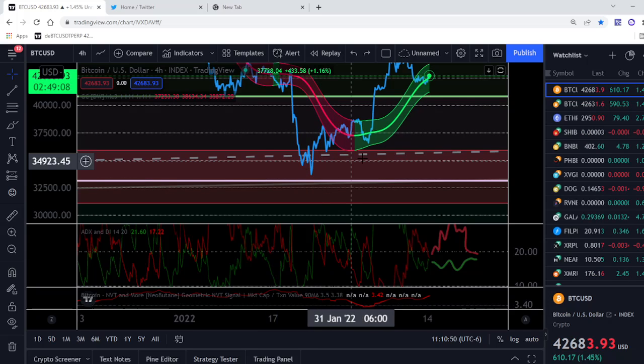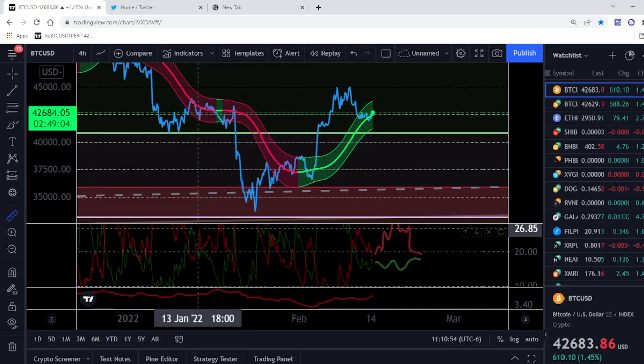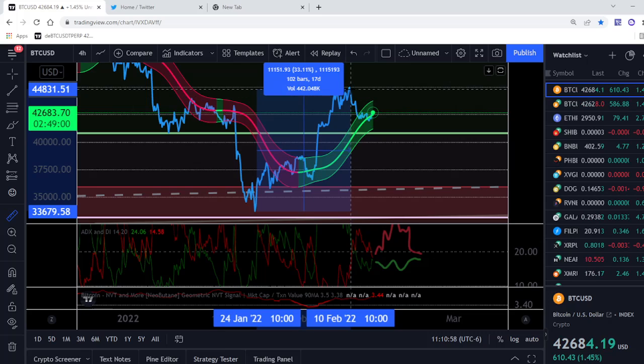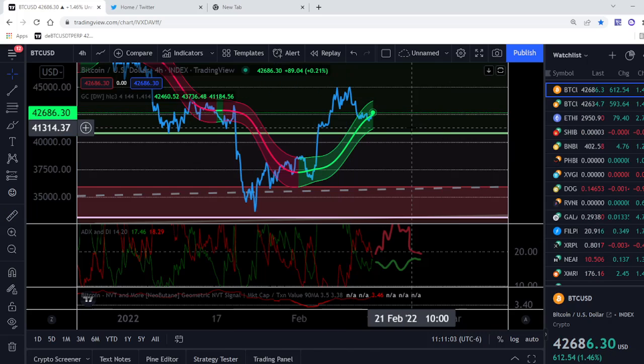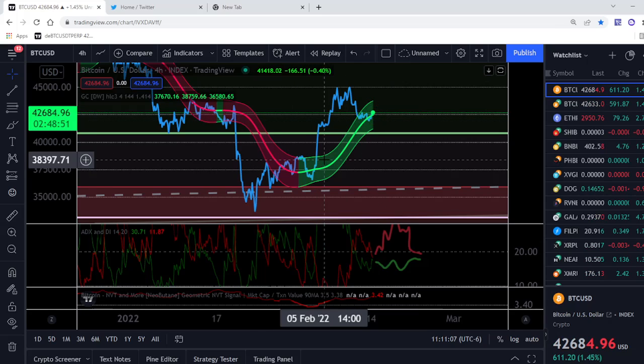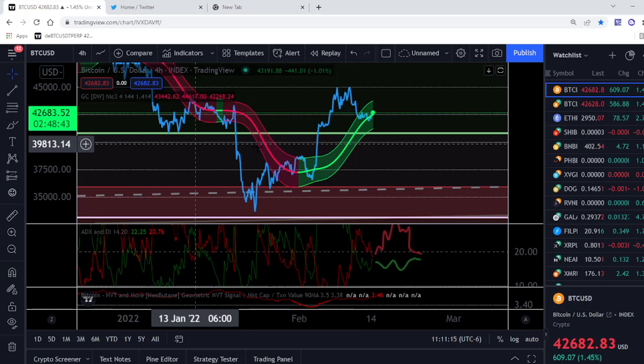Either way, we bounced. We bounced what? I think we bounced 32%. That's good. Now, with this move, now that I just understood that we only dropped 30%, I don't think our correction is finished.